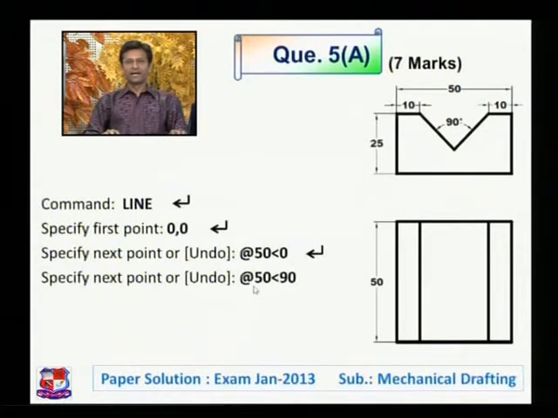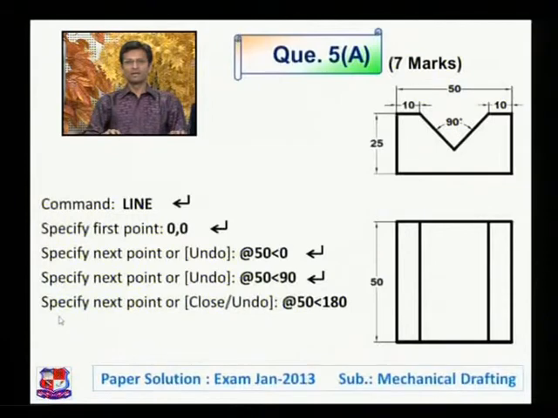So write here @50<90 and enter. This symbol represents enter. If we enter, again the prompt will appear like this: specify next point or close or undo. So 50, from here we want to draw this line. The length of this line is 50 mm and this is at an angle of 180 degree with the first line.